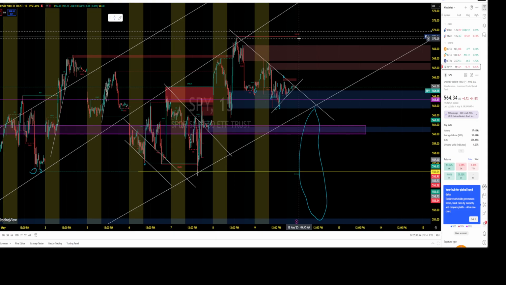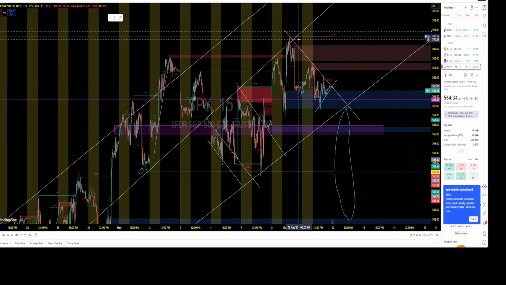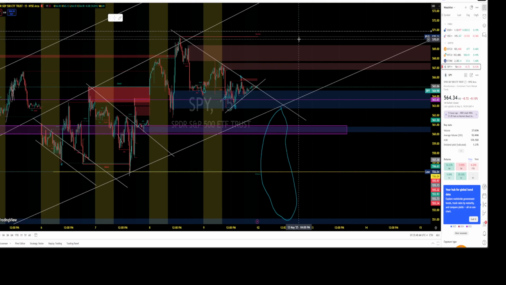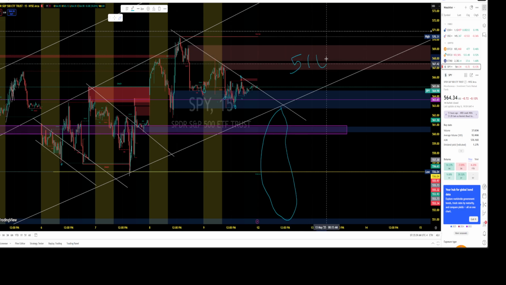So at 570, do not just immediately get into any calls or puts whenever the market tries to touch the resistance or the support, right? So again the levels would be the same, 560, right? 560 should be tested, right? The 560 must be tested.